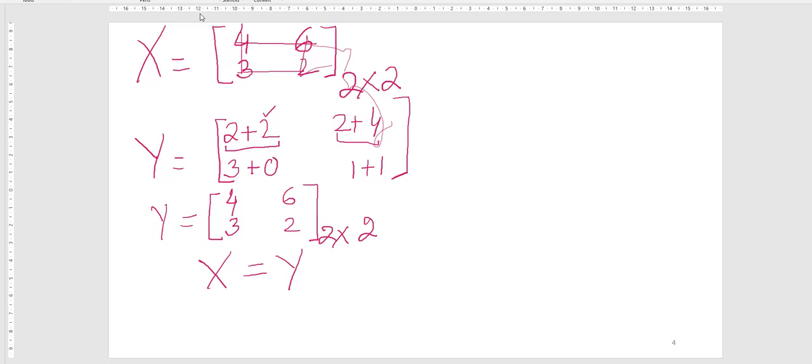Suppose this X is same, but instead of Y, suppose we have 2, here 4, here 6, here 3. So see, order is same, both are 2 by 2.